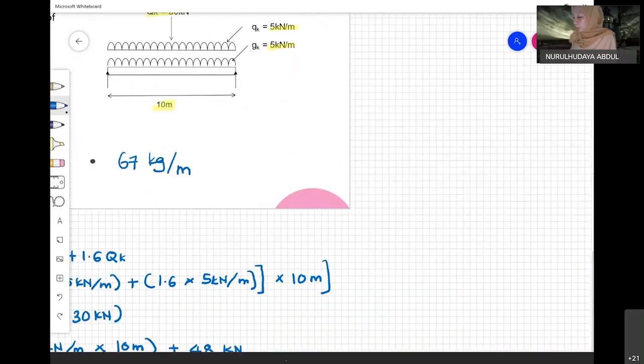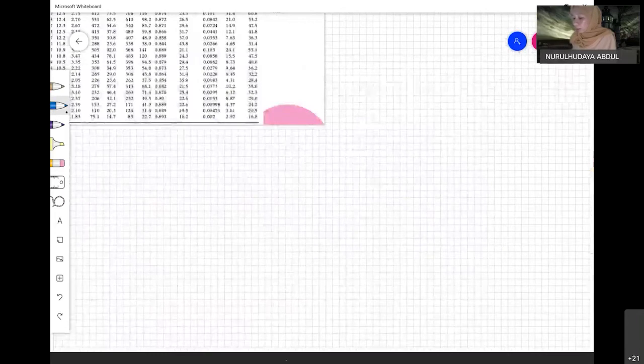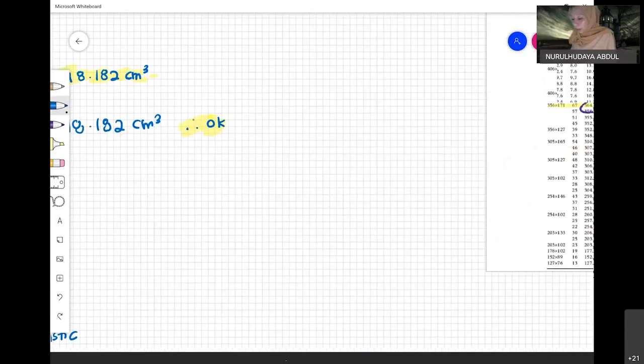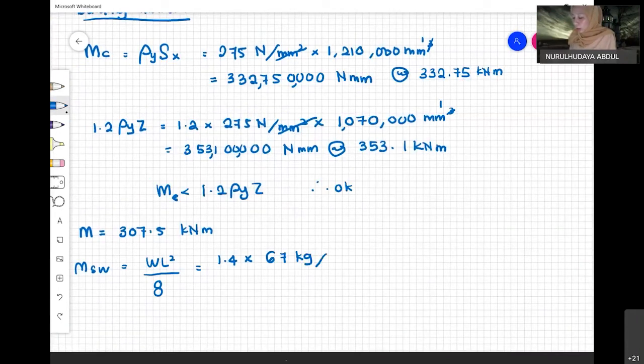Kalau you tengok dalam table ni pun nampak ni mass per meter, kilogram per meter. So it is 67 kilogram per meter. You nak tukar to Newton, what you need to do is you need to times the gravity acceleration. And ini baru you tukar dia to Newton. And untuk tukar dia to kilonewton, you kena bagi dengan 1000.